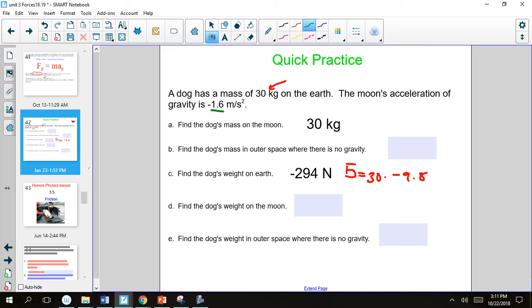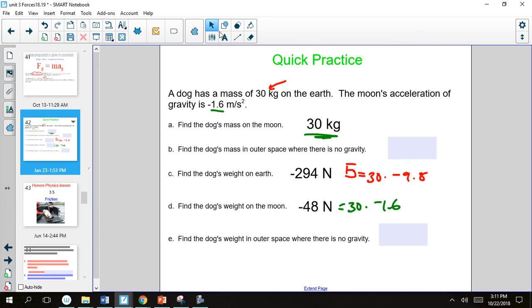In other words, if you drop something on the moon, it's not going to accelerate as fast towards the surface. So mass on the moon is still 30, because mass is not the same as weight. Weight on the moon, however, is going to be equal to that mass, 30, times that negative 1.6. And that gives us our negative 48.